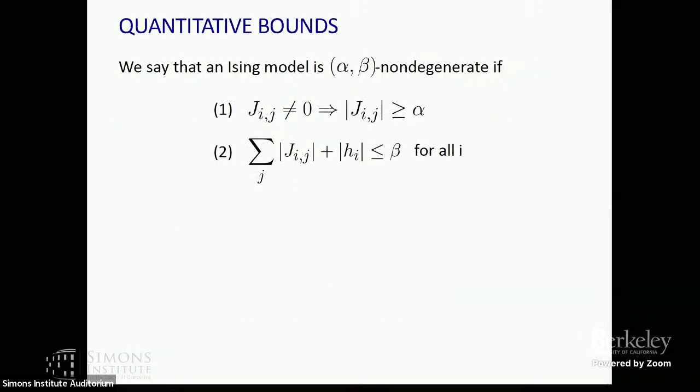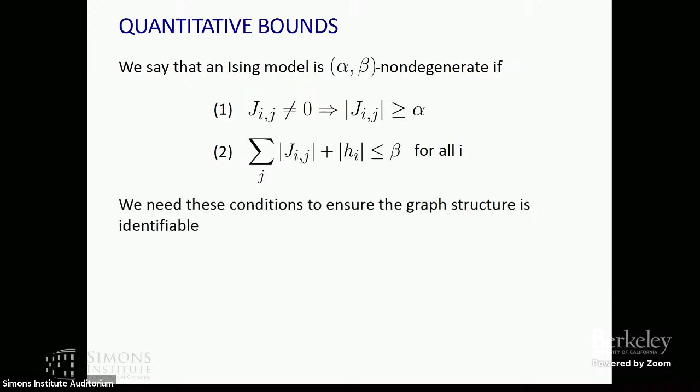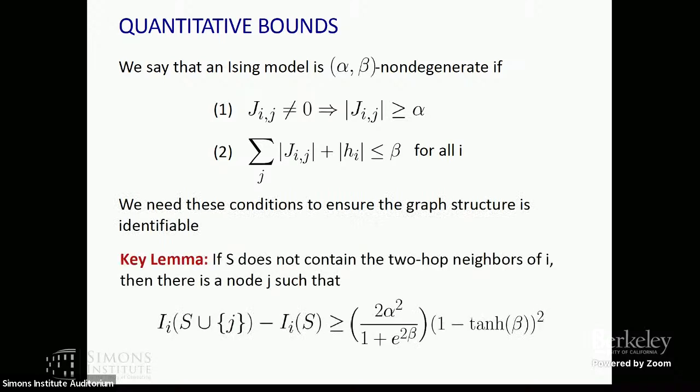So the formal statement is that if we have these alpha-beta non-degeneracy conditions, namely lower bounds on the strength of any non-zero interaction, and upper bounds that essentially control how biased individual nodes can be, then the quantitative statement follows. I should mention that you need some conditions like this to make the graph theoretic structure identifiable, even for an Ising model.